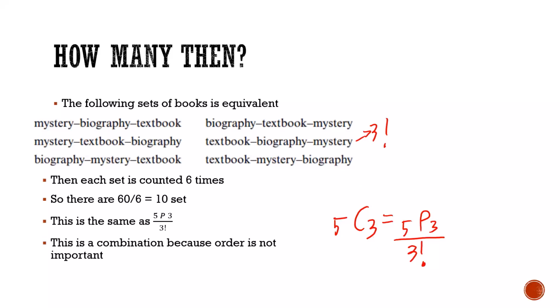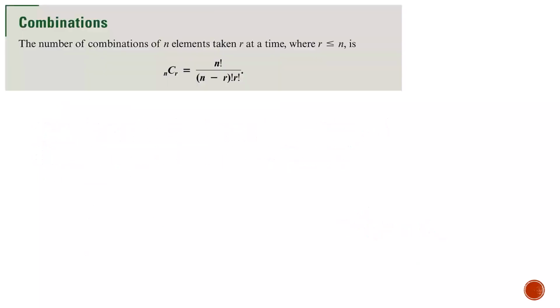Is there anything special about the 3 and 5 case? No, this would be true for any two numbers. So we can generalize this to this formula here. The number of combinations, we'll see where this formula comes from, but it starts from what I showed you here.